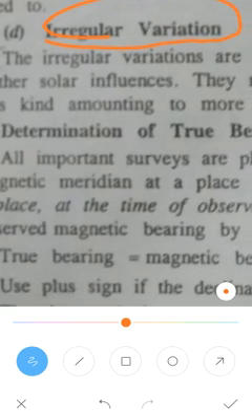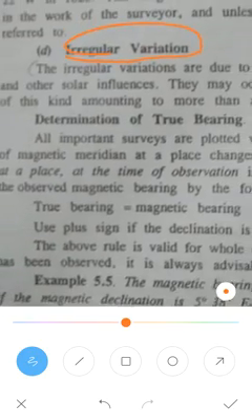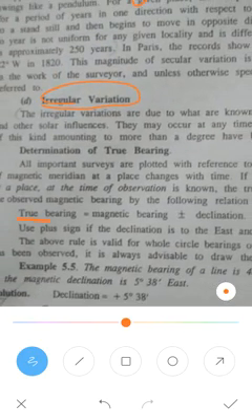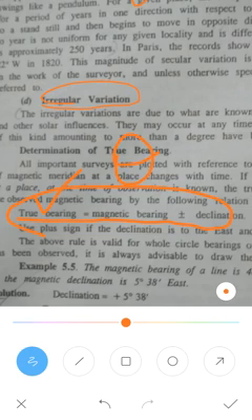So next we will see the problem. Before going to the problem, you should know this: the true bearing is equal to magnetic bearing plus or minus declination. True bearing is the actual angle. Magnetic bearing is the angle you will see.